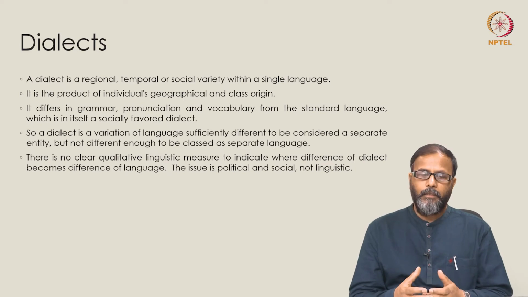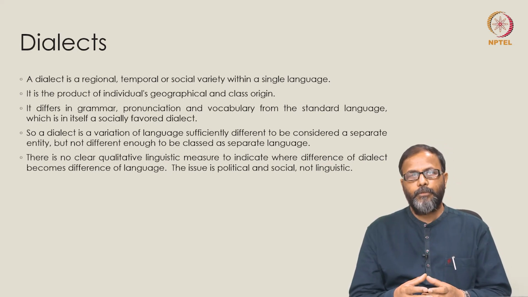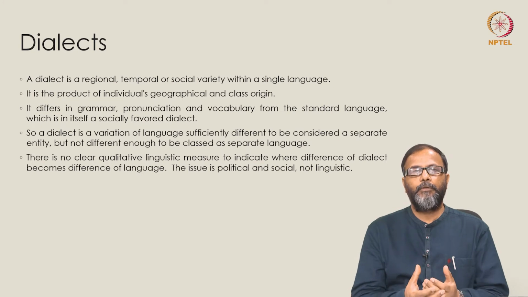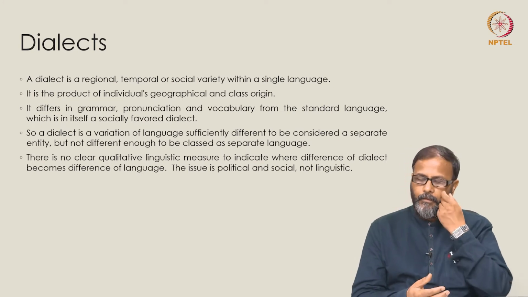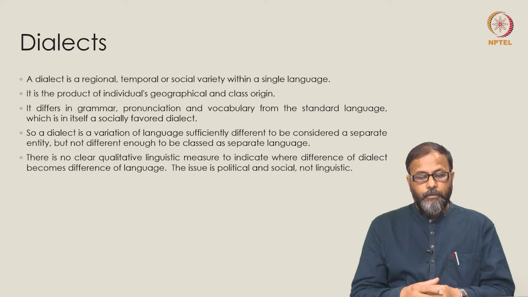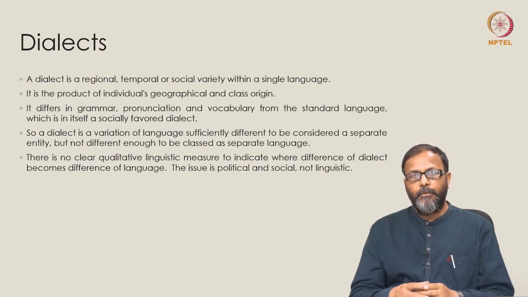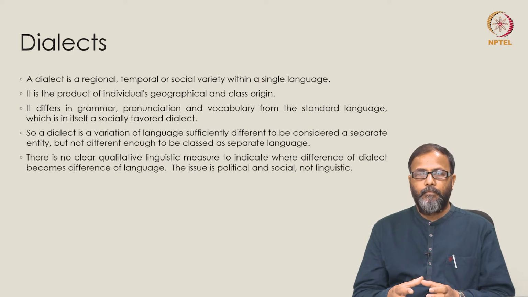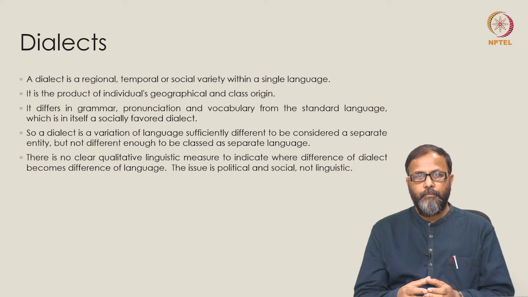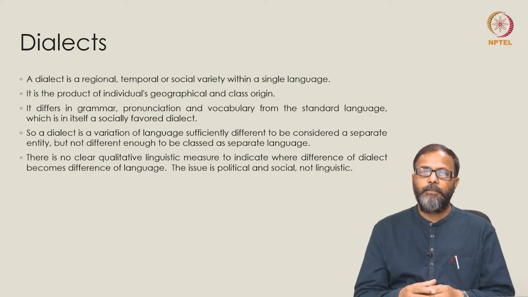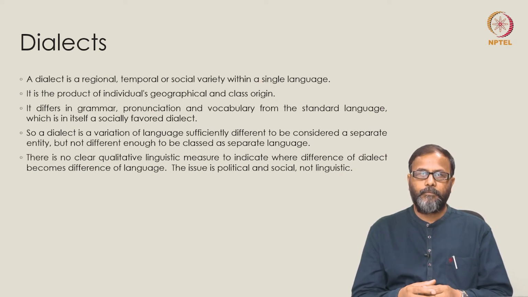Now, a dialect is a regional, temporal or social variety within a single language group, right? A dialect which is spoken in a particular region with a definitive set of variations from its siblings is a regional dialect.